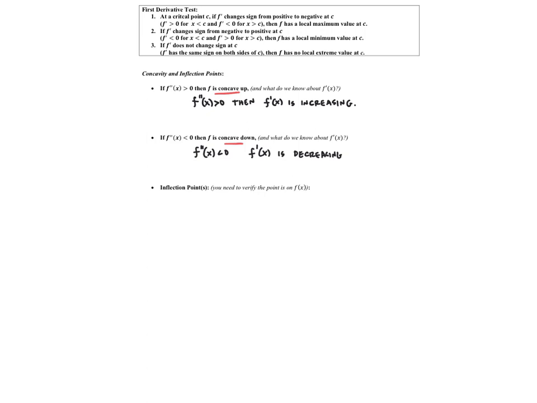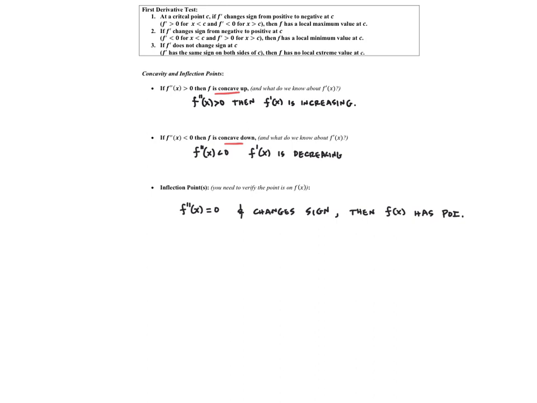Okay, points of inflection are related to f double prime in the same way that local mins and maxes are related to f prime. So for example, when f double prime of x equals 0 and changes sign, then a point of inflection is present. f of x has a point of inflection.